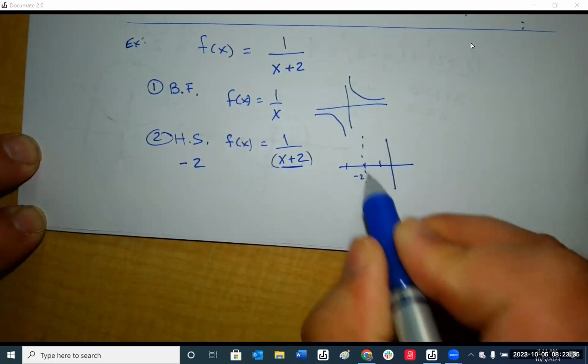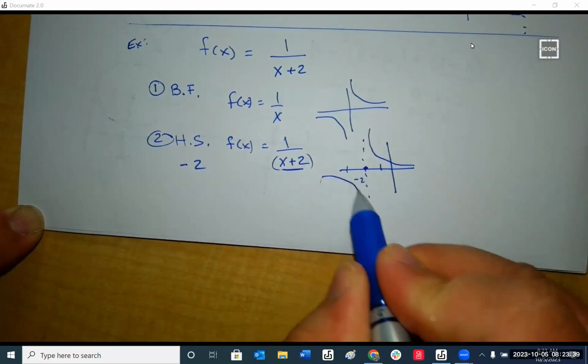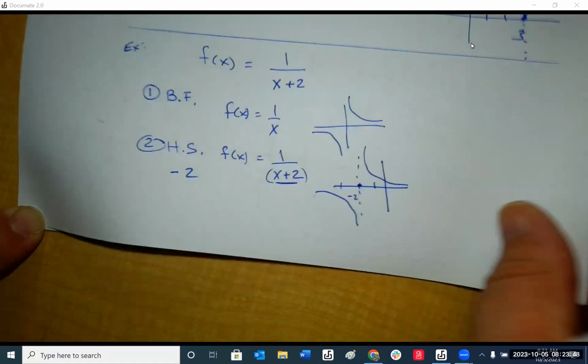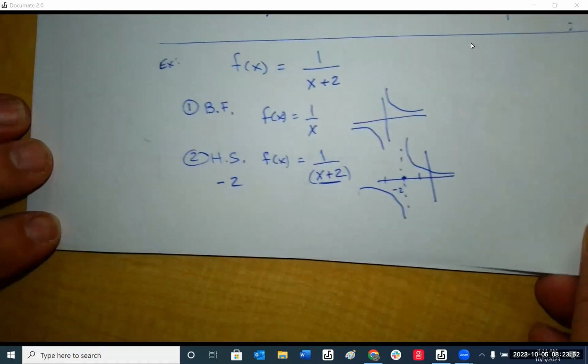So that's my new origin right here. So the graph looks the same, but over there. It's in the first and third quadrants. That's the horizontal shift.